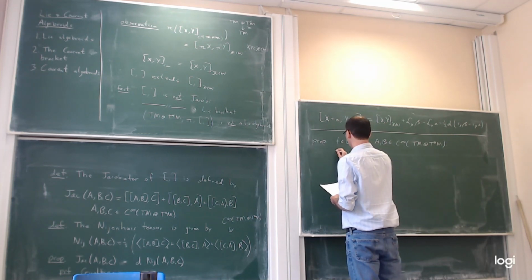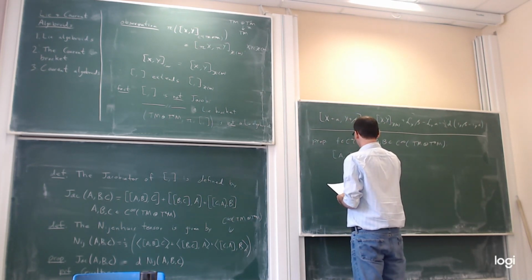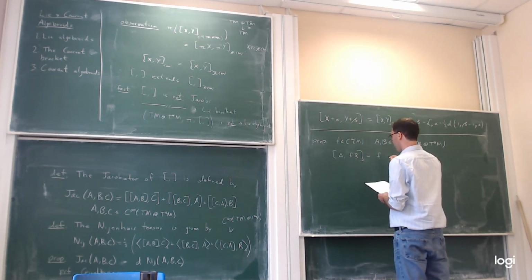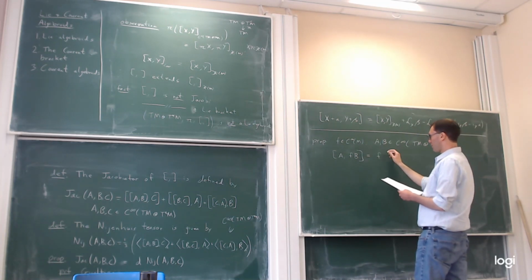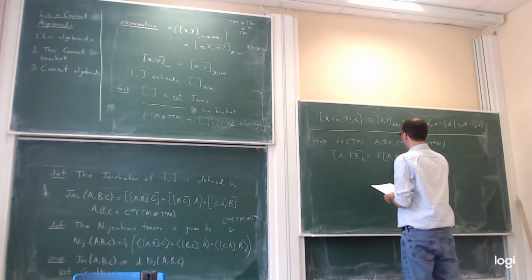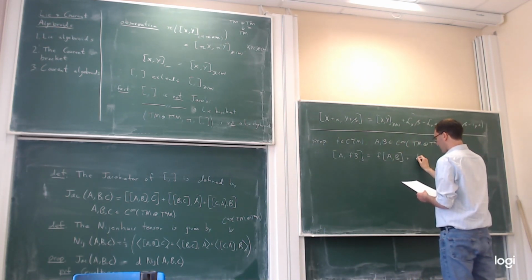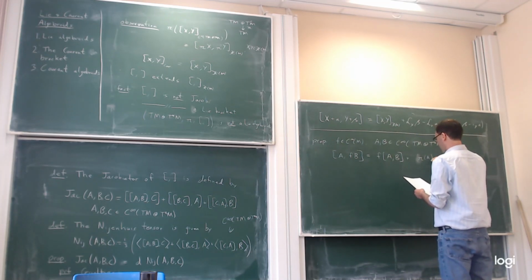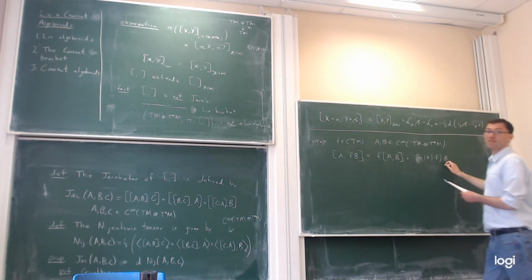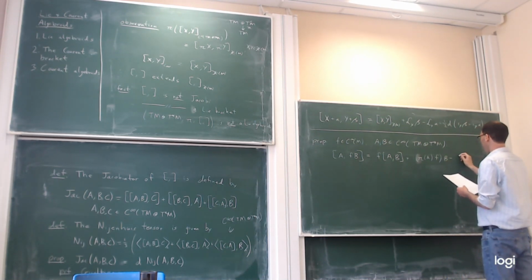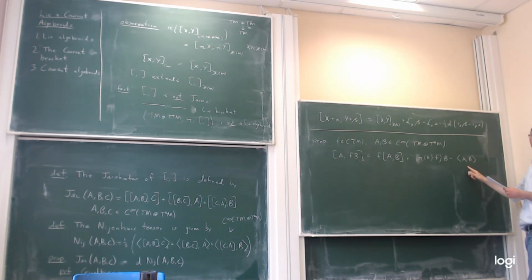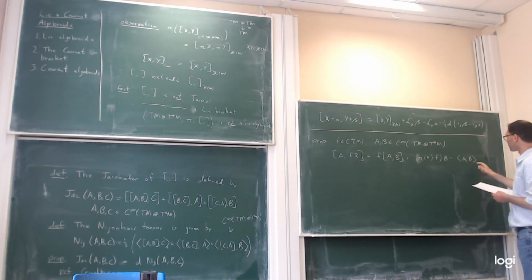Then the Courant bracket applied to A and fB is equal to, okay, I'm just going to write it out and I want to talk about it. f times the Courant bracket of A and B, plus pi applied to A times f multiplied by B, so scaling B, and then minus the canonical symmetric bilinear form on the sections of the extended tangent bundle, times the exterior derivative of f.